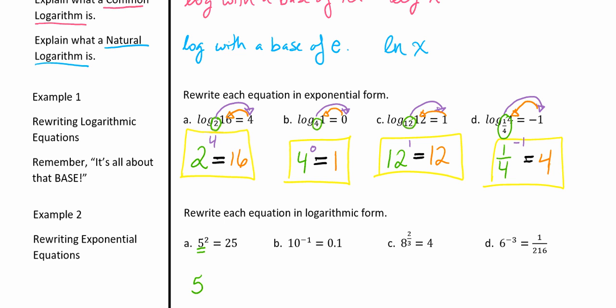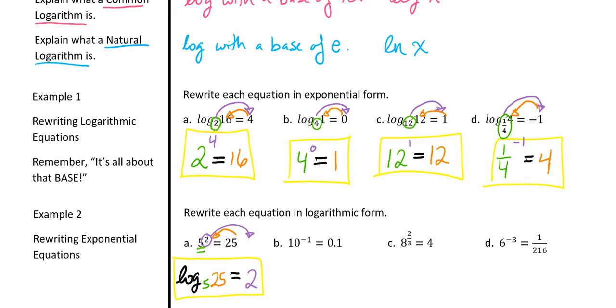It's not just a 5, because it's logarithmic, so it's going to be a log of base 5, and we'll have a space and an equal sign. We put those things back. Our 2 used to be over here, so we put our 2 back and bring the 25 in. And that is 5 squared equals 25 written in logarithmic form.